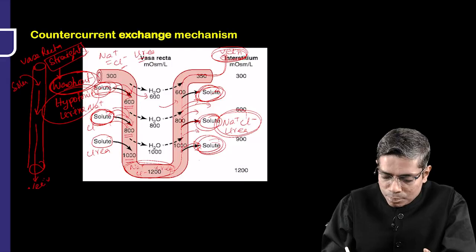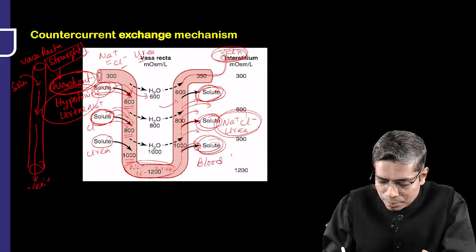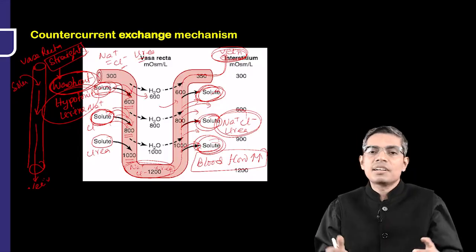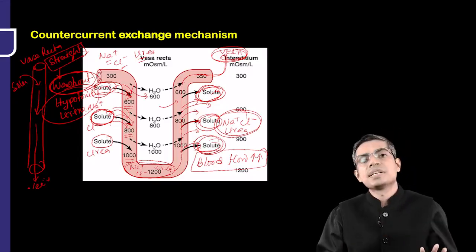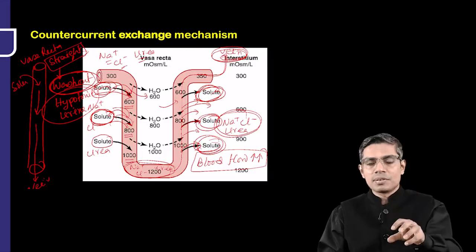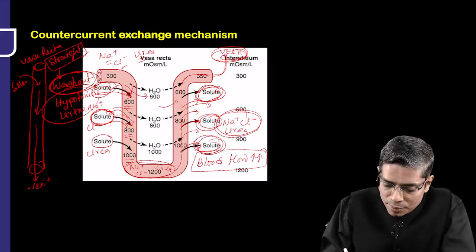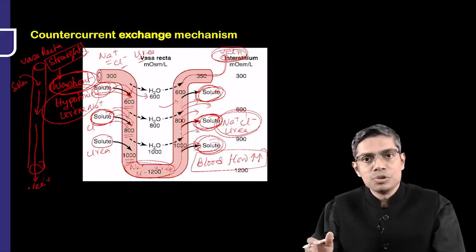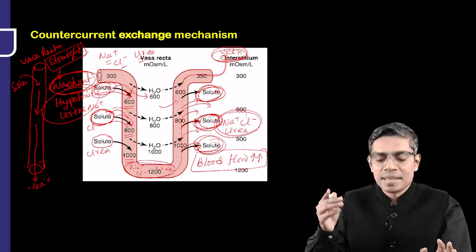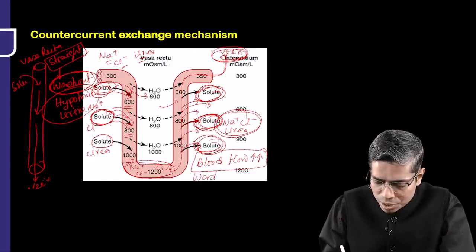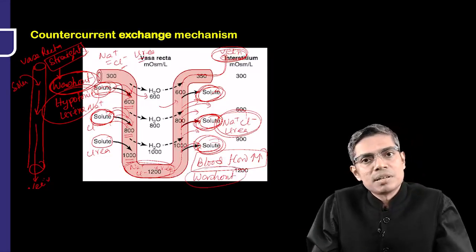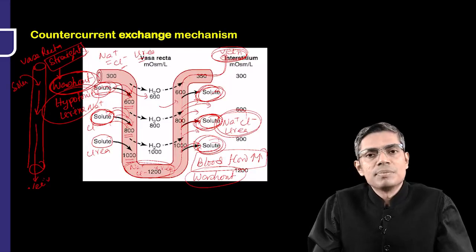But if the blood flow at the level of vasa recta increases to a very high level... the medullary blood flow is normally very low, and that is helpful here, because this sluggish blood flow helps the reabsorption of this solute. But if the blood flow velocity becomes huge, again there will be washout of medullary tonicity, and whenever there is washing out of medullary tonicity, the urine will be hypotonic.